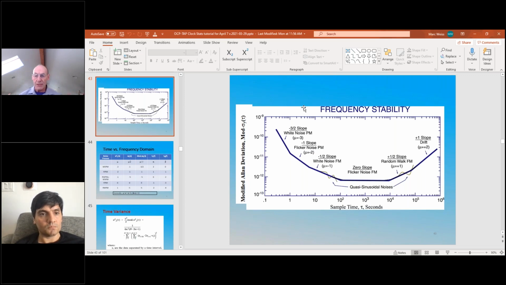Every physical system does this, not just clocks. And different things have different levels. Some of them, you never even see the white phase noise. You just see the flicker frequency noise. And some of them you never see. For example, a GPS receiver in long term you'd probably never see flicker FM. It would only come down, but in long term it would come down slower.